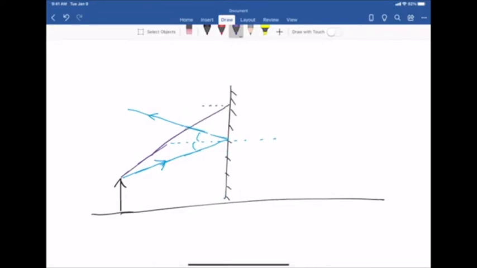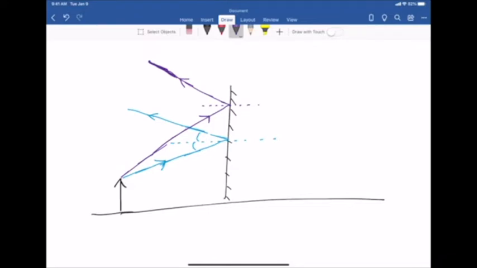And this will also obey the law of reflection and reflect off like that. All right. So now we have two rays. We've seen how two rays behave after they have reflected off of the mirror. There's an infinite number of rays, as I said, coming from the tip of the object, and they all do the same thing. They hit the mirror and then they reflect off, obeying the law of reflection.